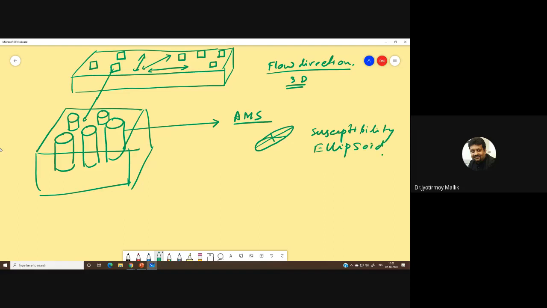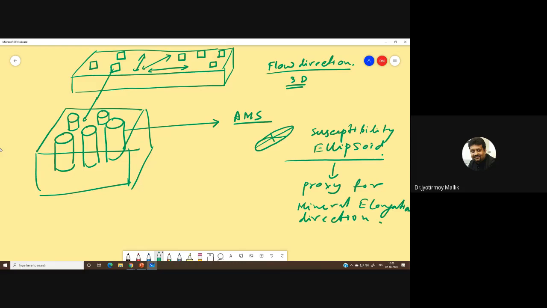And then use the susceptibility ellipsoid as a proxy for mineral elongation detection. But what is the advantage of this AMS technique? It is fairly quick.